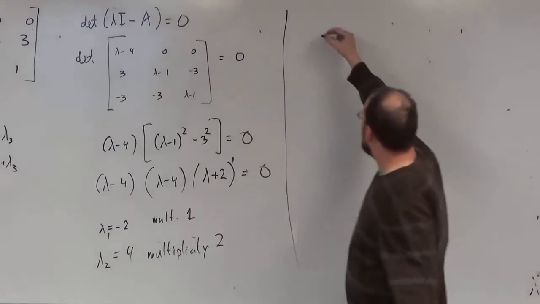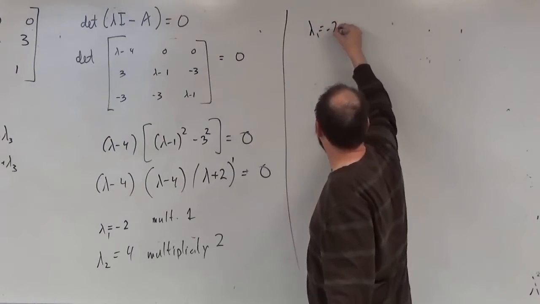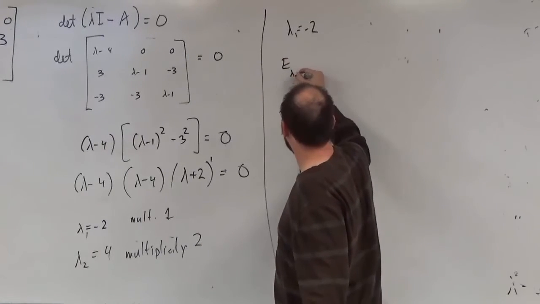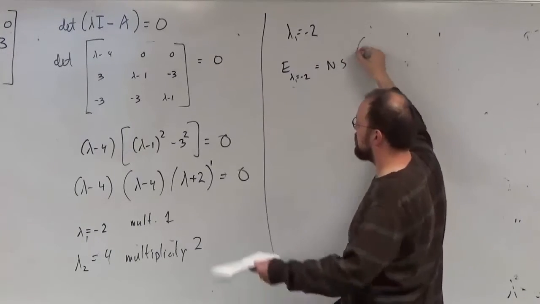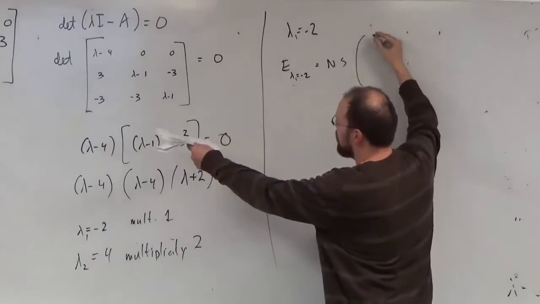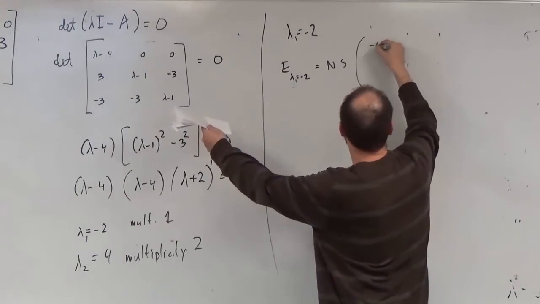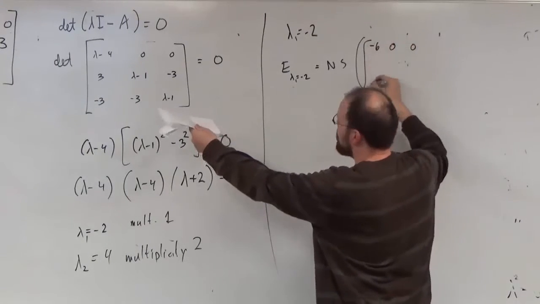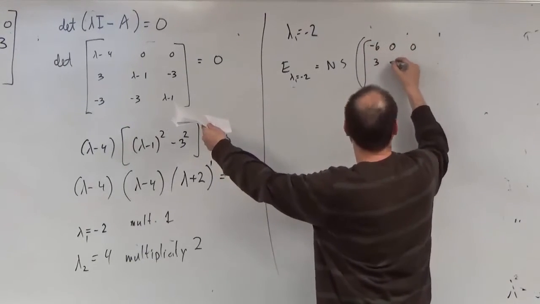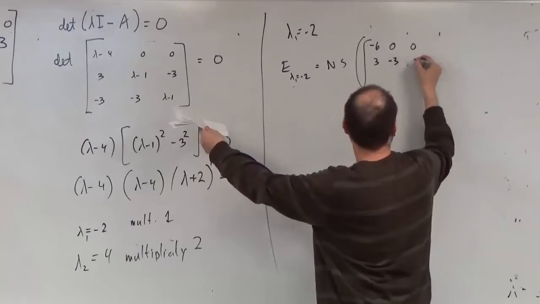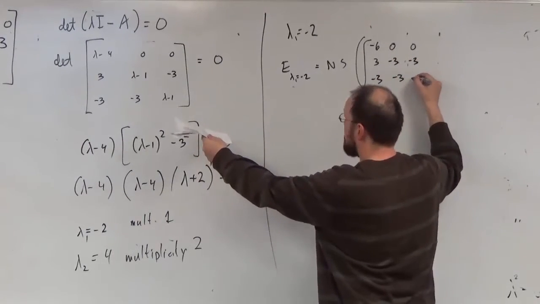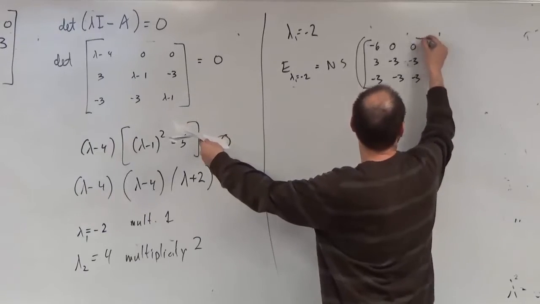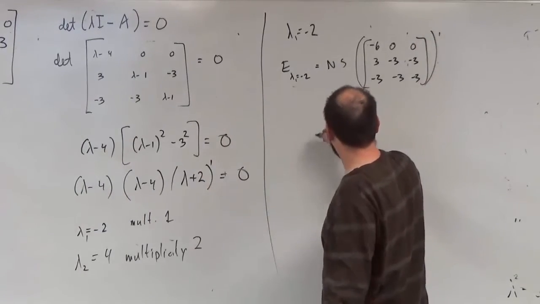So for the eigenvalue of -2, what is the corresponding eigenspace? Well, it's the null space of this matrix. Usually this is short work, right?